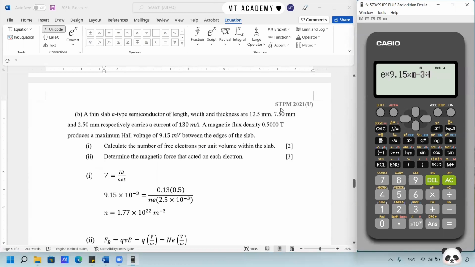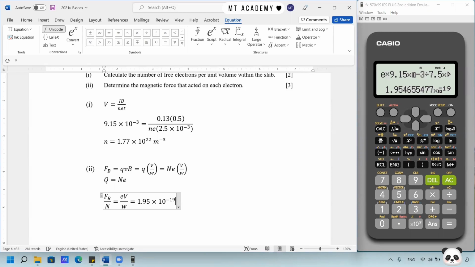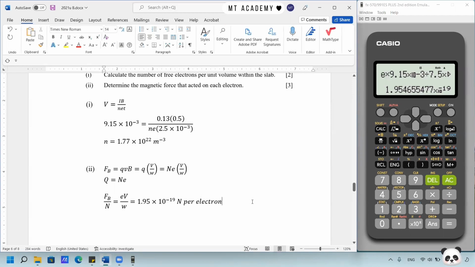The width is equal to 7.5 millimeter. So this is how you obtain the answer for this question, that is equal to 1.95 times 10 to the power of negative 19 newton per electron. So maybe you can mention the unit. Okay, so this is how we solve this question.